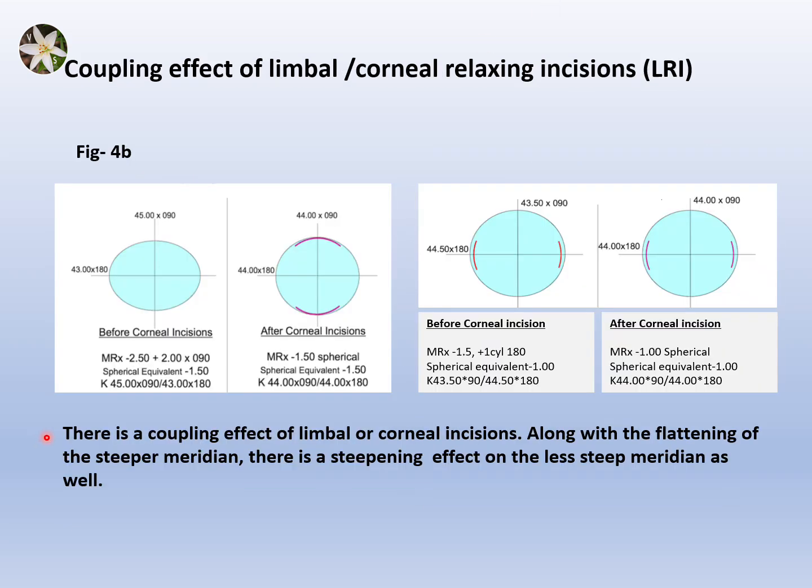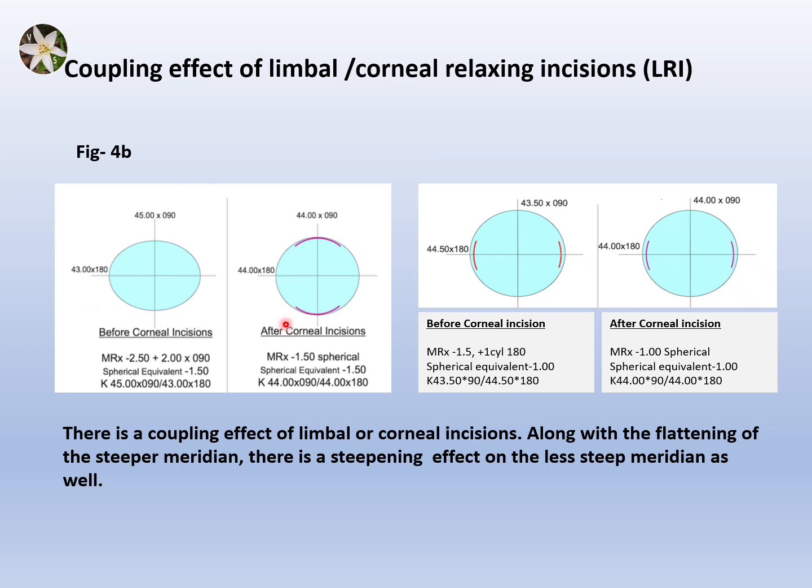There is a coupling effect of limbal or corneal relaxing incisions. Along with the flattening of the steeper meridian, there is a steepening effect on the less steep meridian. As you see in this figure, the steeper meridian has a power of about 45 diopters and the less steep meridian has a power of 43 diopters.